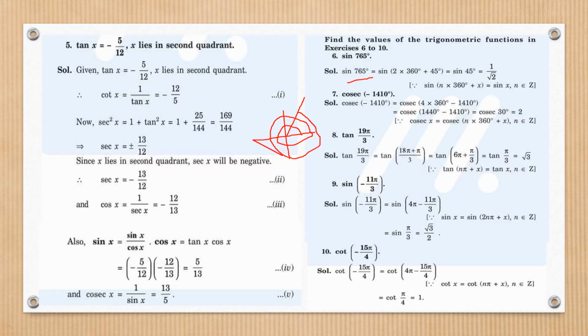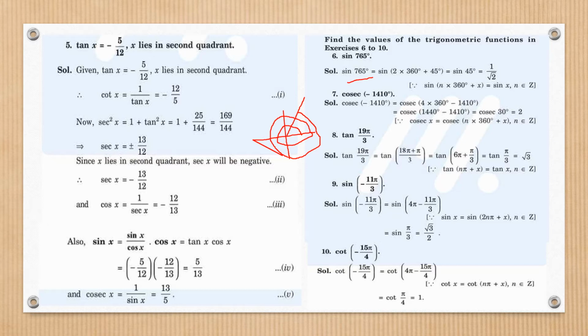Cosecant minus 1410 degree. Cosecant is an odd function, so it will be minus times cosecant 1410 degree. And again, it can be written as cosecant of 4 into 360 degree minus 1410 degree. In that way also we can write. So you are getting the value as cosecant 30.